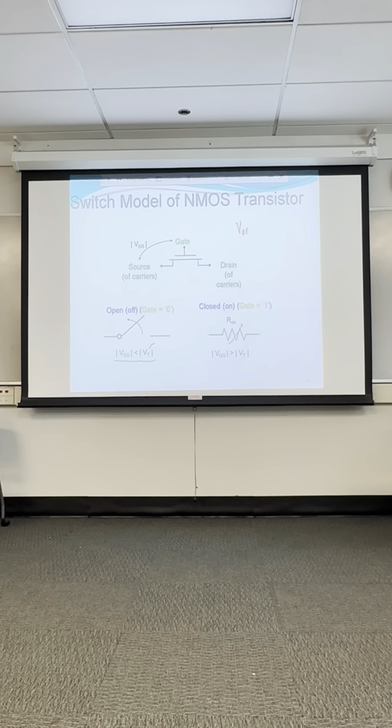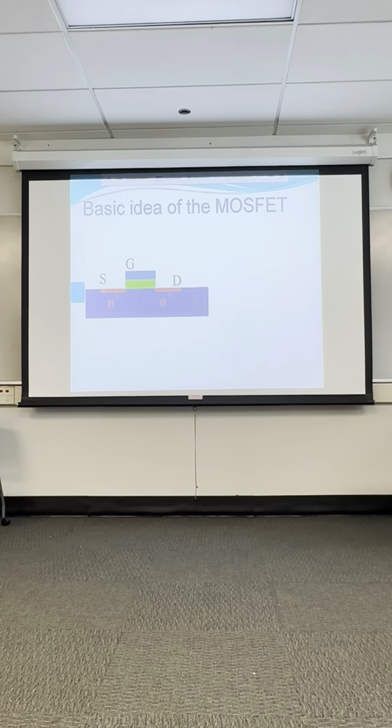A MOSFET is on when the gate to source voltage is greater than the threshold. The enhancement MOSFET is off when the gate to source voltage is less than the magnitude of the threshold voltage.